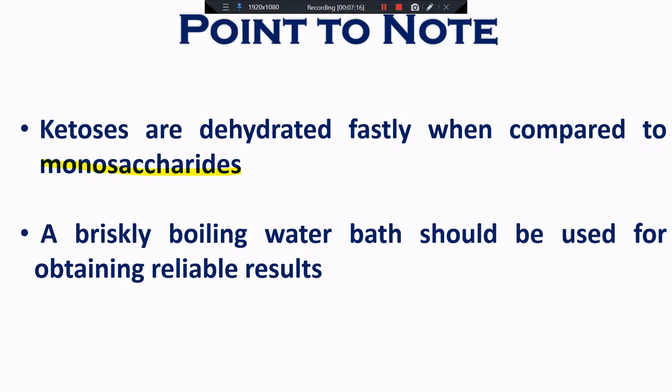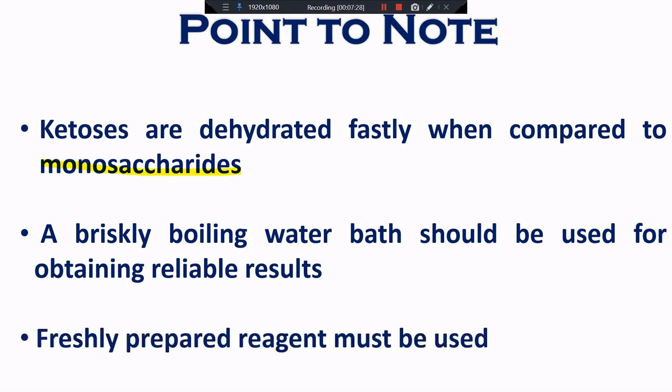If you heat for a longer time or at a higher temperature, aldoses, polysaccharides and disaccharides also give a positive test, and then it will not be specific for ketohexose. So the temperature should be maintained, and freshly prepared reagent should be used during the test. It is better to prepare the reagent every time.